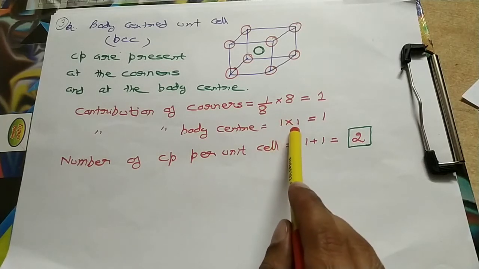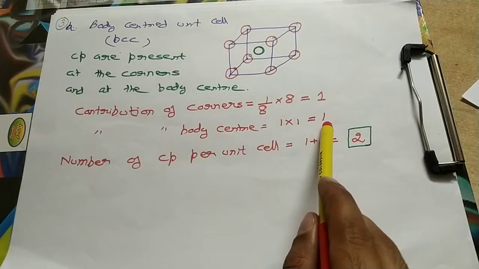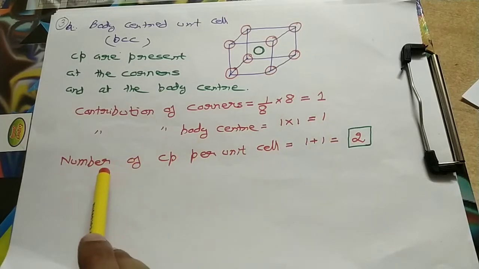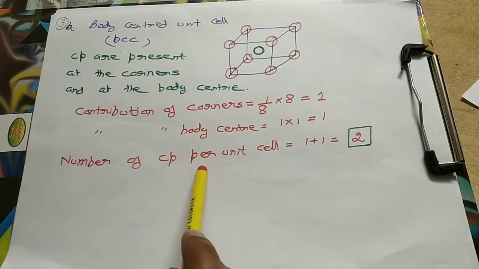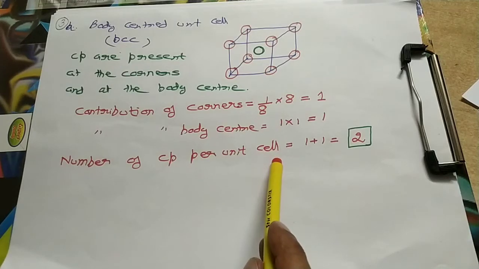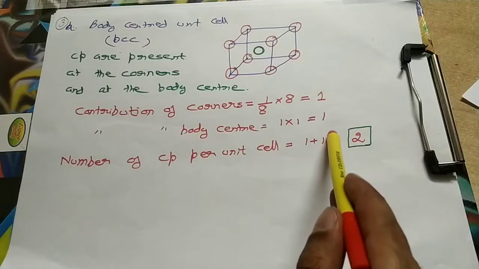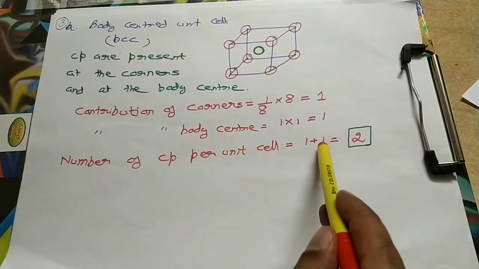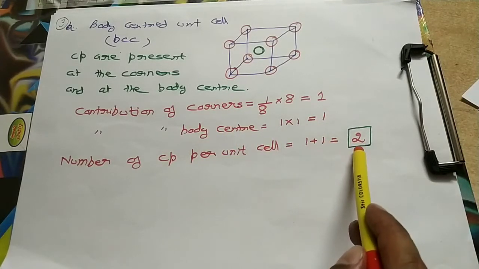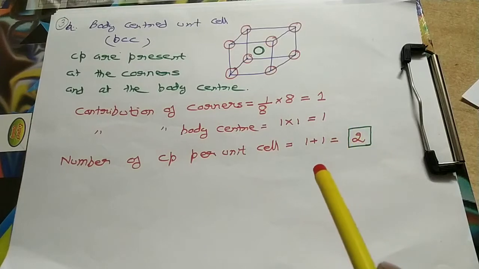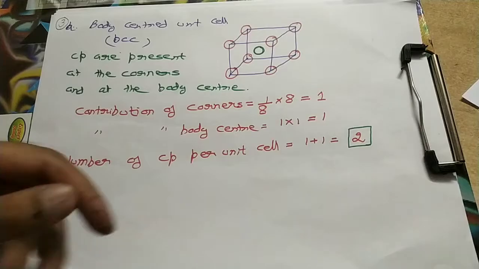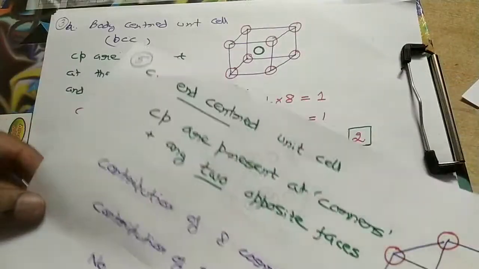So क्या हो गया ये? 1 into 1 equal to 1. Okay, so number of constituent particles per unit cell in this case, कितने हो गए बेटे? 1 contribution from corners plus contribution from body center, 1 plus 1, 2. Okay, this is the case of body centered.